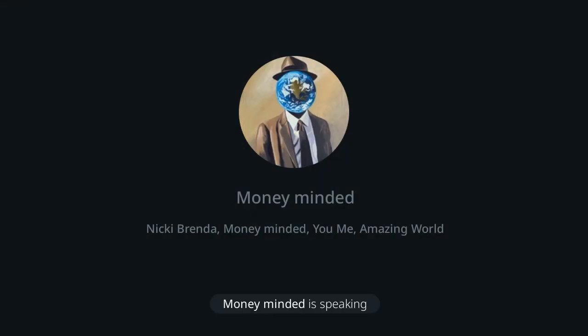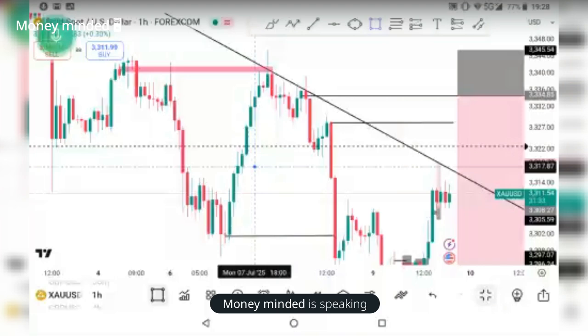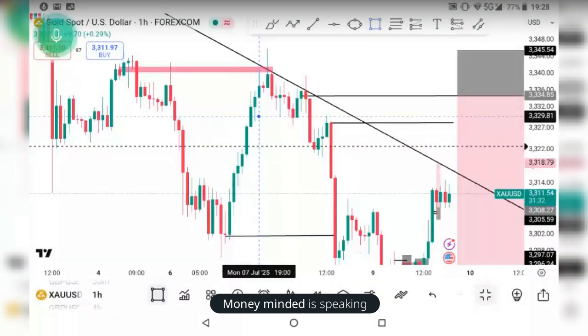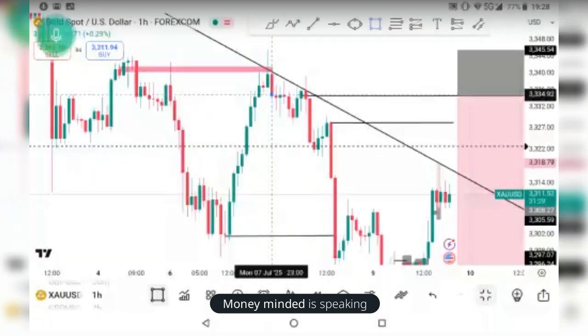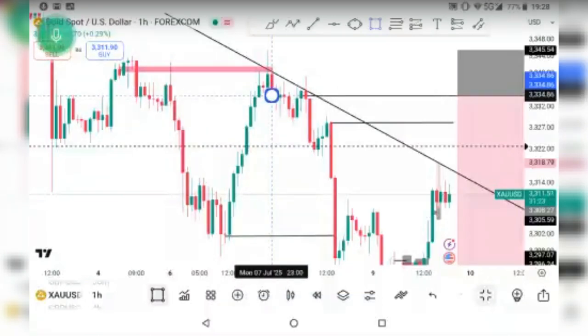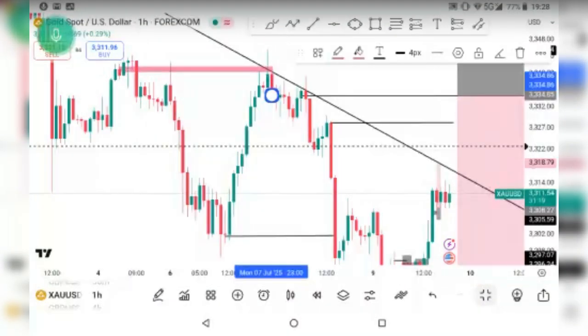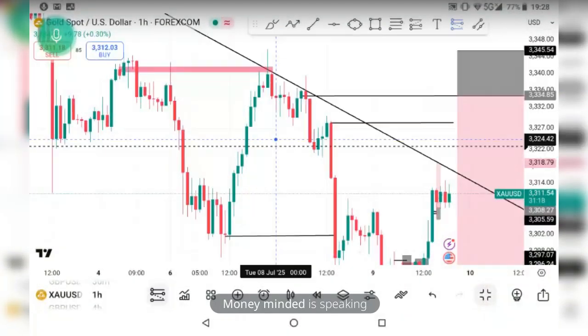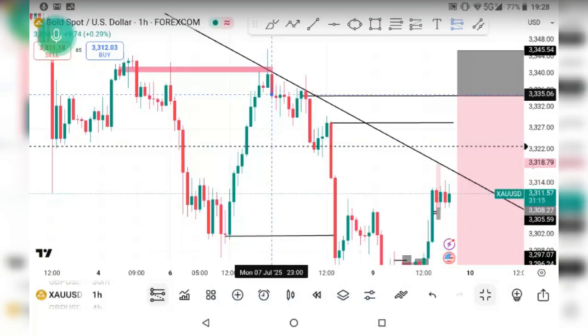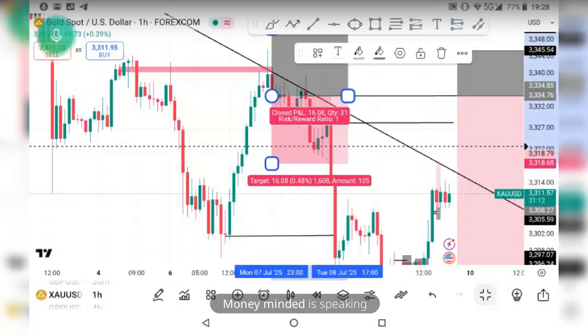So if you are taking your sell, you want to sell from here. Once this red candle closes, that is where you are selling from. You take your short position, then you place it there and you drag it down.